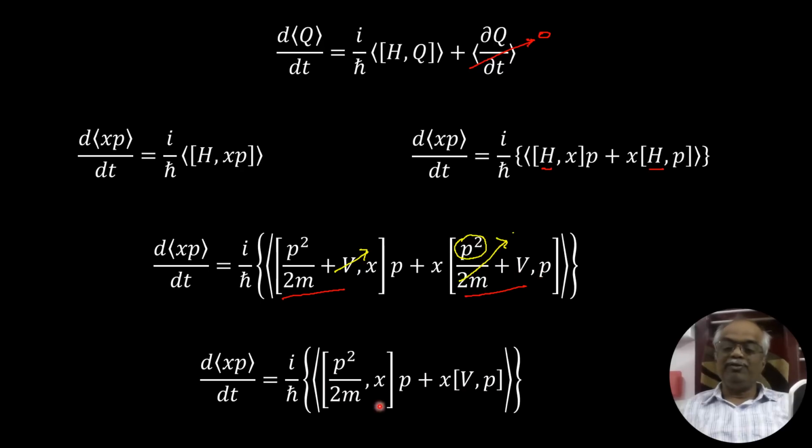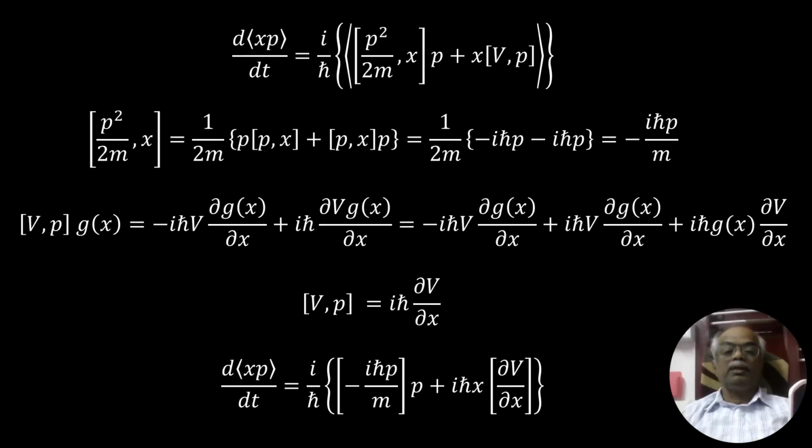So now we will solve these commutation relations. Now we have this expression, and we have to solve them one by one. First, the commutator of p squared over 2m with x.